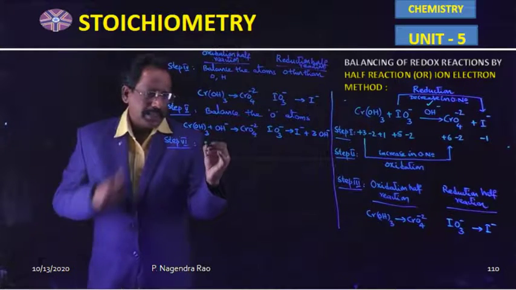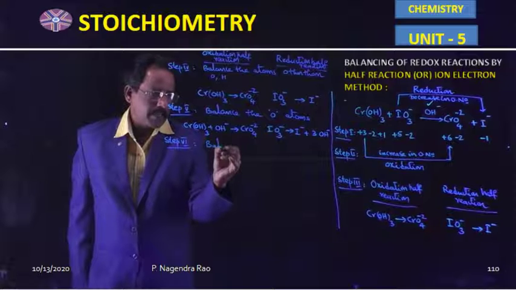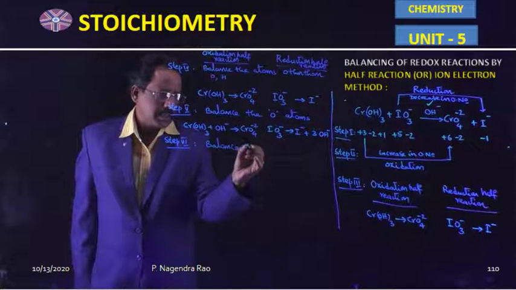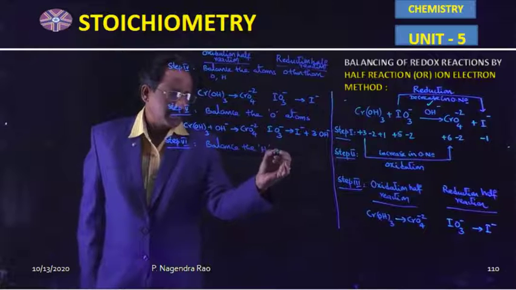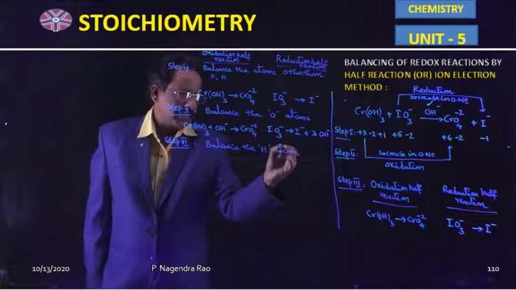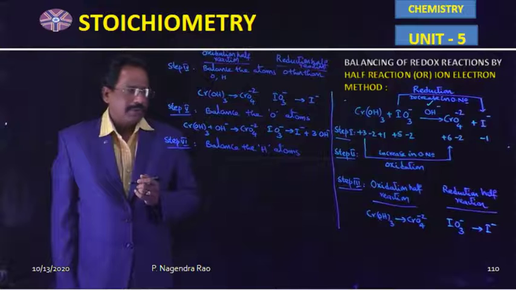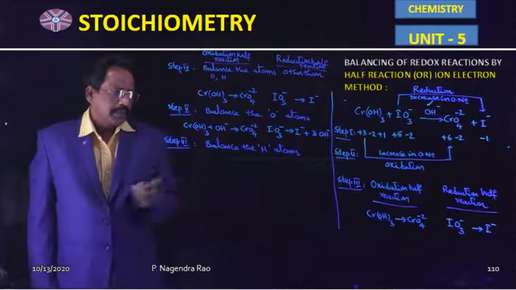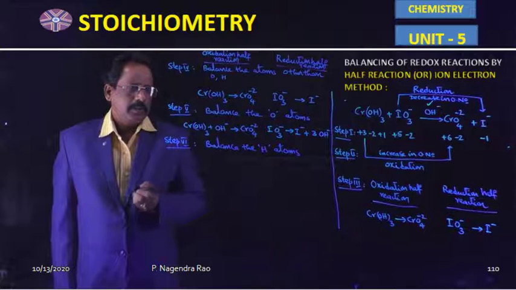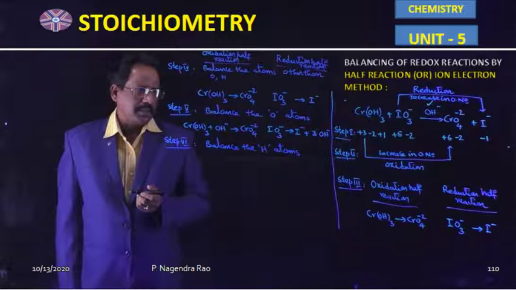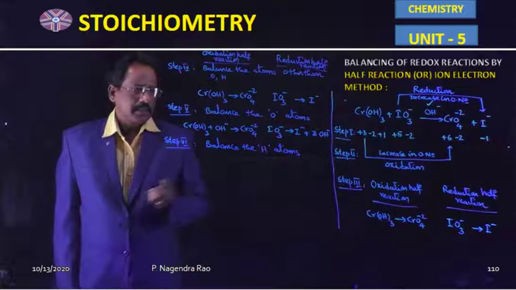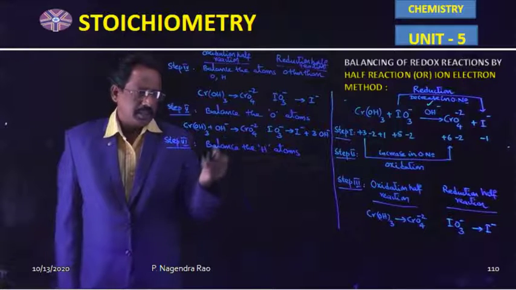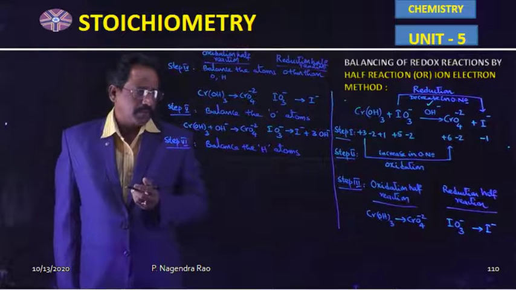And then balance the hydrogen atoms. Balance the hydrogen atoms by adding the required number of H2O molecules in the deficient side. In this oxidation half reaction, the hydrogen number is 3 plus 1, 4.